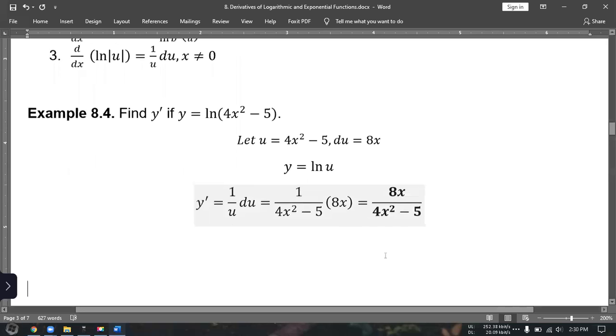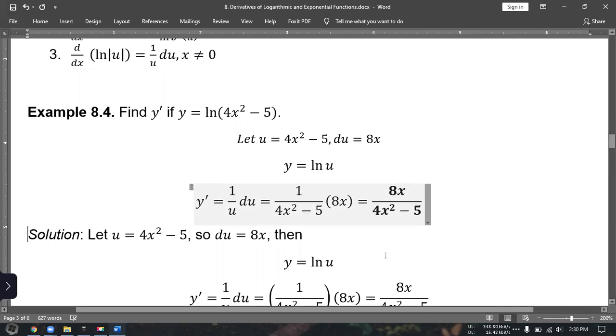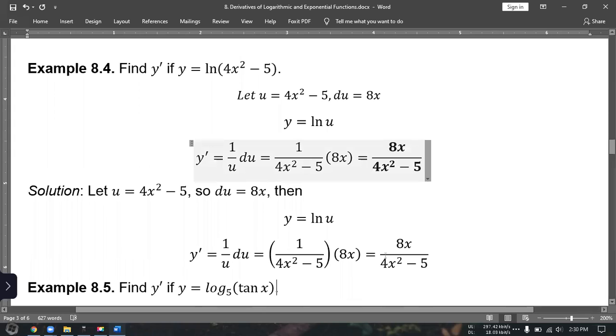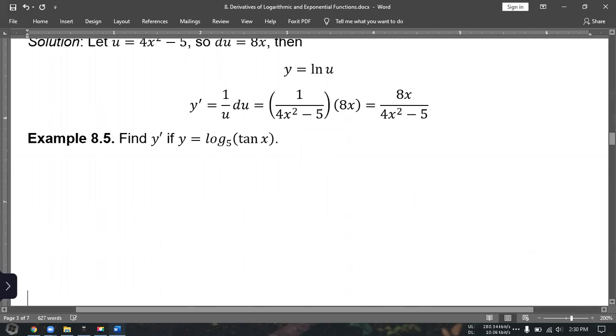Example number 5. Find y prime if y is equal to the logarithm of tangent x to the base 5.